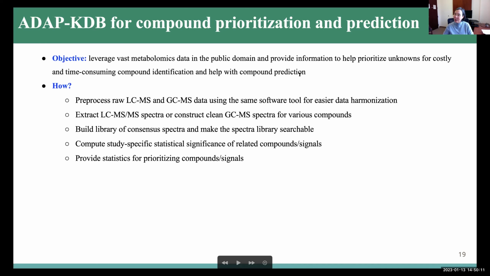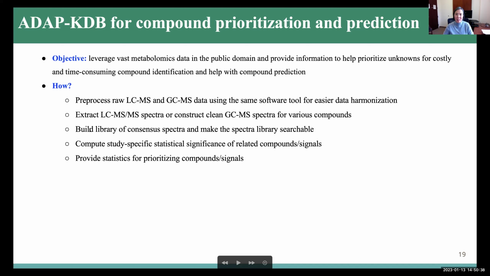This is still ongoing work. But how do we achieve that particular objective? Step number one is to use the same software to pre-process raw LCMS and GCMS data. Hopefully that will make it relatively easier to harmonize the data across labs, and also extract spectra from the raw data for various compounds, and build a library, a consensus spectra.